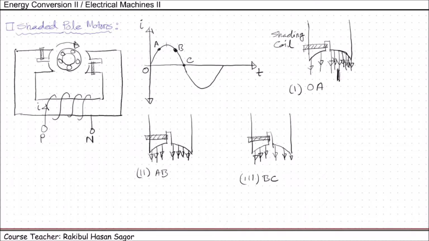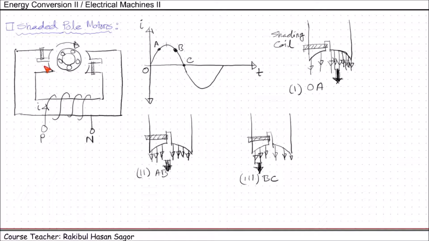If I consider this is the resultant or highly concentrated flux, we can say this flux is moving from non-shaded to this shaded portion. That means this is the high concentration flux which started from the non-shaded side and it keeps moving and comes to the shaded side. Again, for the negative half cycle, same thing occurs. It's moving from non-shaded side to shaded side.